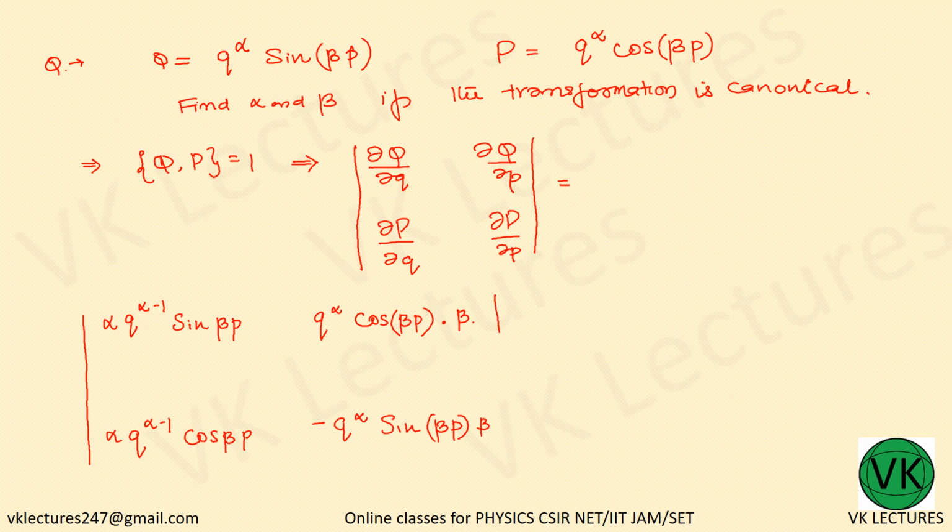So this determinant should give us 1. So multiplying the diagonals, that is alpha times q to the power 2 alpha minus 1 into beta sine square beta p.